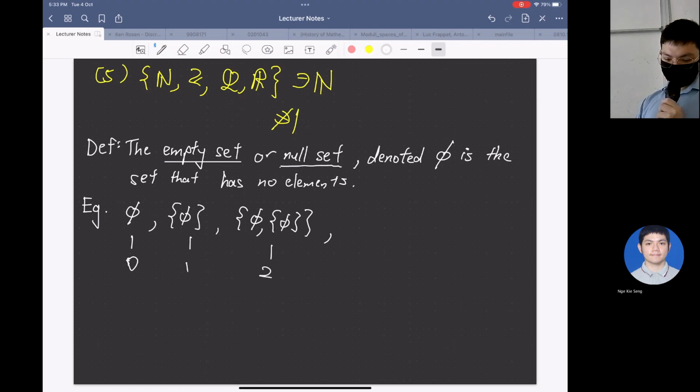So you want to guess what is 3? Can anyone guess the pattern?